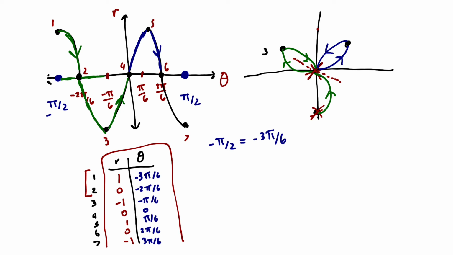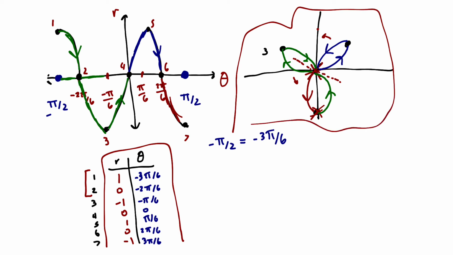And then finally from point 6 to point 7, since our angles are going from 2 pi divided by 6 to pi divided by 2, we're moving in this direction here, but we're going from 0 to negative 1, and so we're moving in the antipodal direction, which means that our graph will do something like this. And so this is a picture of our rose.